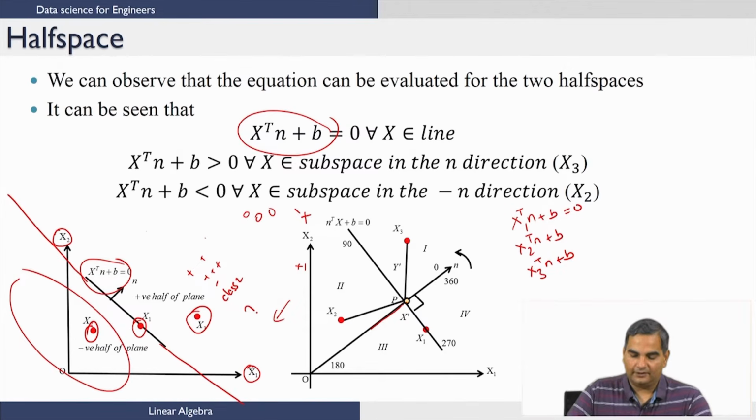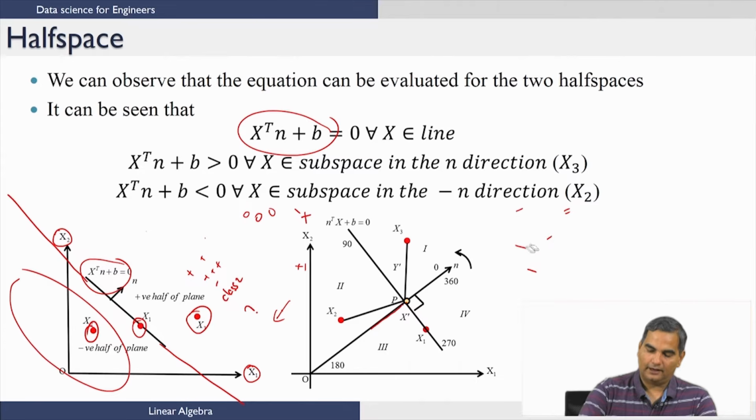What we are interested in is what happens to this quantity for x3 and x2, and whether there is some way in which we can say that every point to one side of the line will have the same characteristic and every point on the other side of the line will have a different characteristic. So, let us first look at x3 transpose n plus b and see what happens.